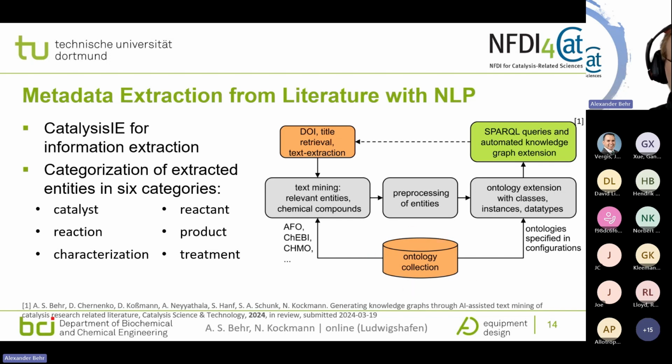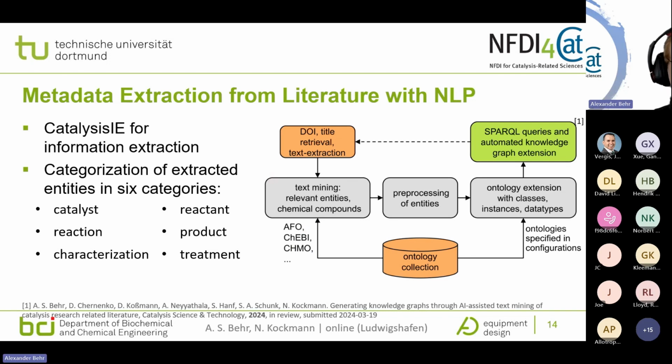In our consortium, we recently also published a large ontology collection, which was also integrated in this TIB service that we have talked about earlier. So based on our ontology collection, we also decided to use, again, the Allotrope Foundation Ontology, the Chemical Entities of Biological Interest, the Chemical Methods Ontology, and also the MOP and RXNO.